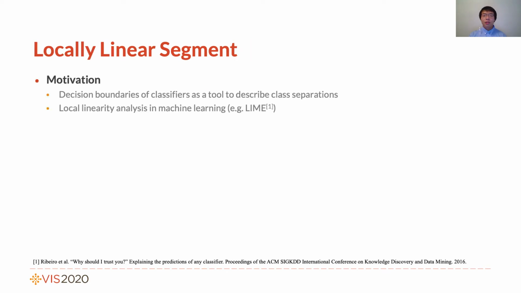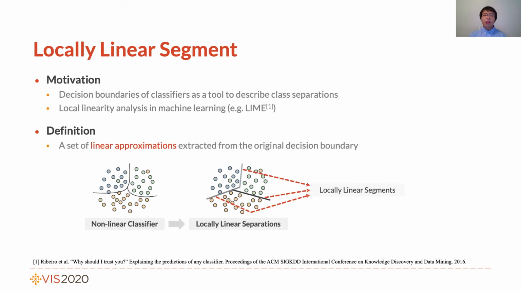As described before, the motivation of the approach is to use locally linear separations to approximate the entire discrete boundary, which is similar to local linearity analysis in machine learning, like LIME. Here, we use locally linear segments to represent the set of linear approximations.